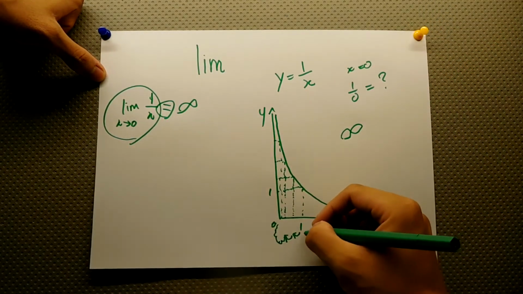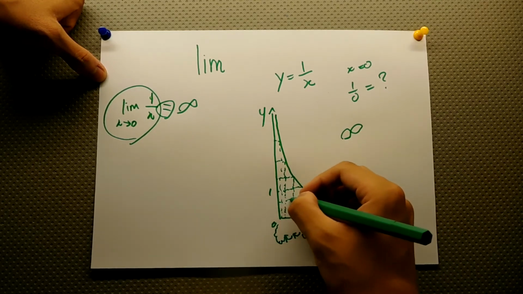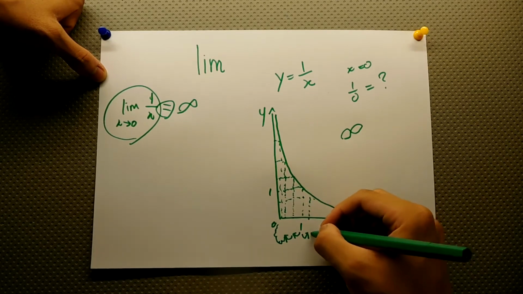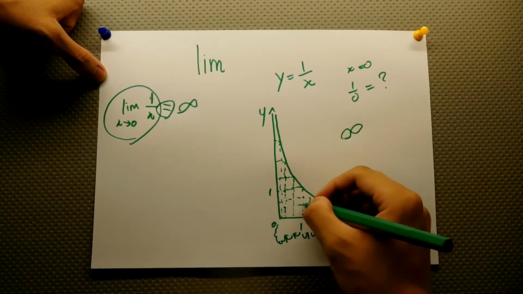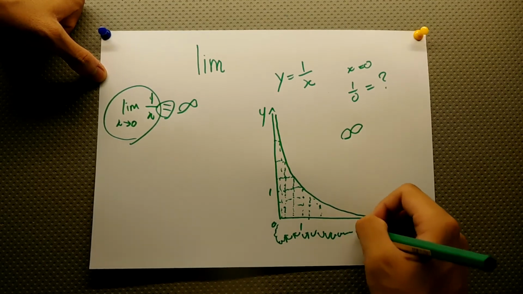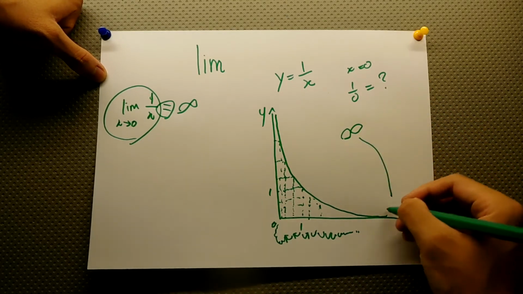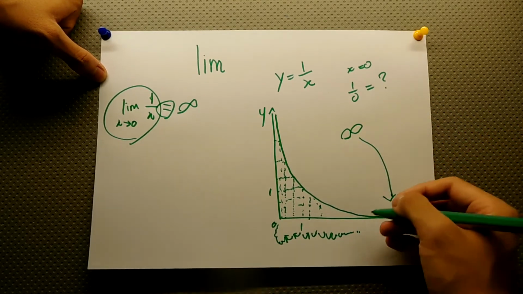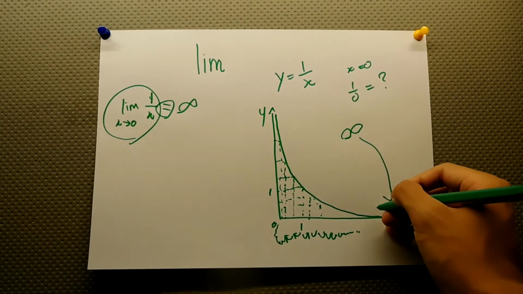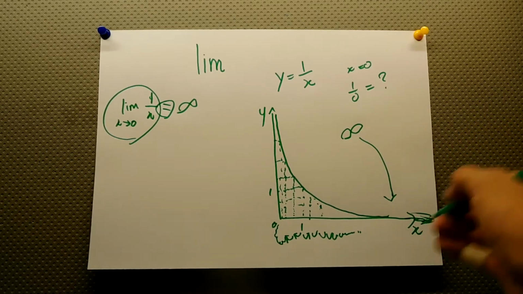Okay, moving on. Let's say we take one step to the right. We have a corresponding value that's decreased from 1. Another step to the right, it has decreased again. We keep doing this until infinity, somewhere over here, for example. Infinity is not really over here, it's beyond this graph.